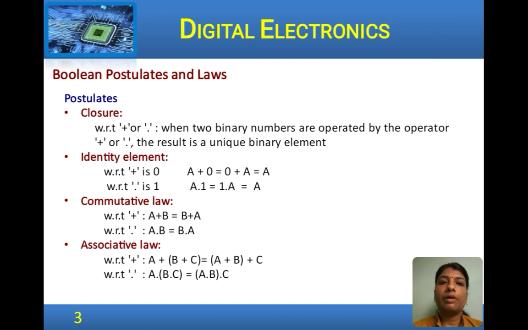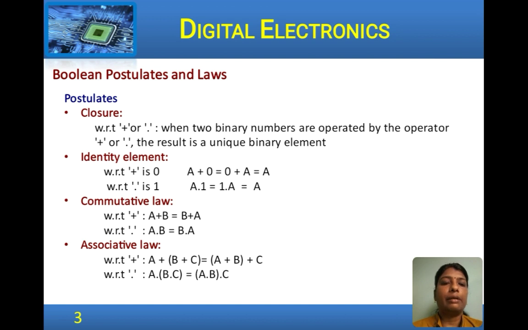For the set of natural numbers, the minus operation is not closed. Let us look at why. 3 minus 5: 3 and 5 are natural numbers, but 3 minus 5 yields minus 2, which is not a natural number. So it is not closed with respect to the minus operation. Similarly here in Boolean algebra, for the plus and dot operations, the binary numbers are closed.